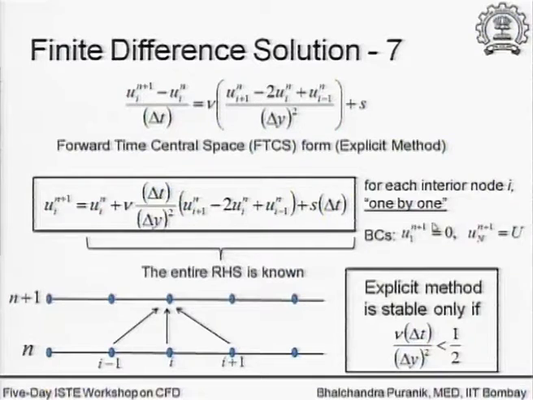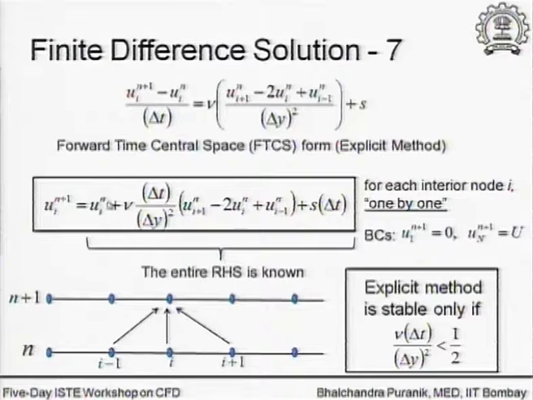So what you realize is that since I am beginning with an initial condition at time equal to 0, I am going to assign the u value at time equal to 0 everywhere. So the solution at time equal to 0 is known, and then I want to go from this solution at time equal to 0 to the solution at time equal to 0 plus delta t, which is at delta t.